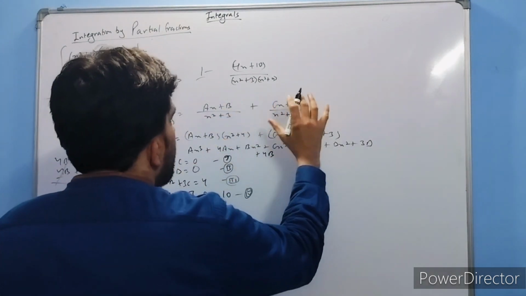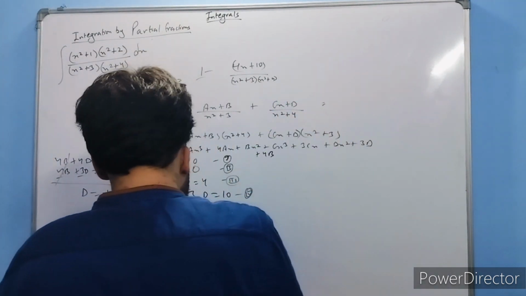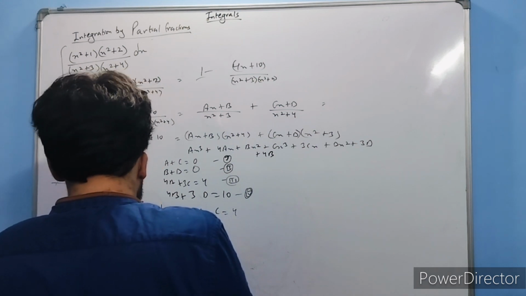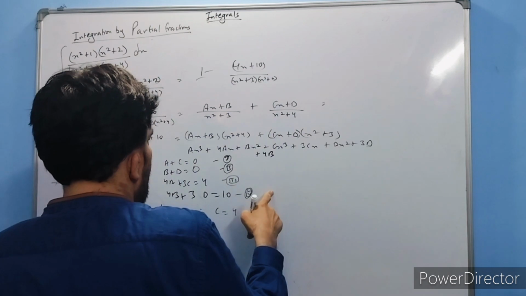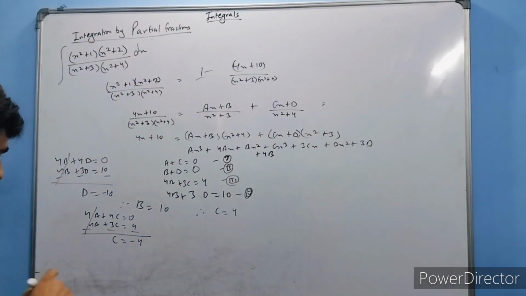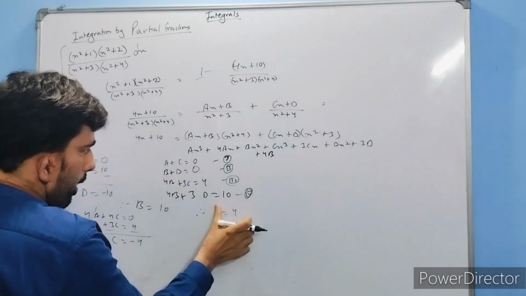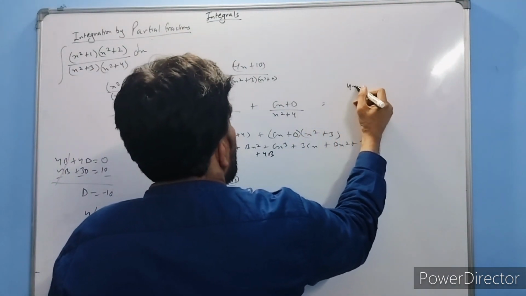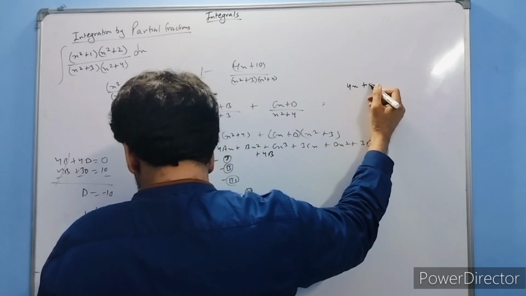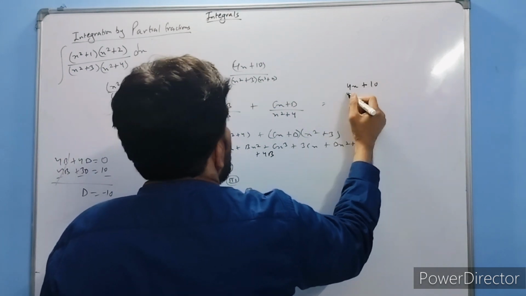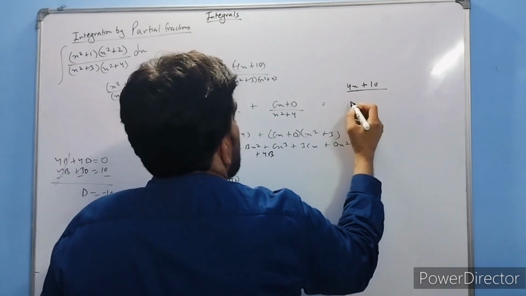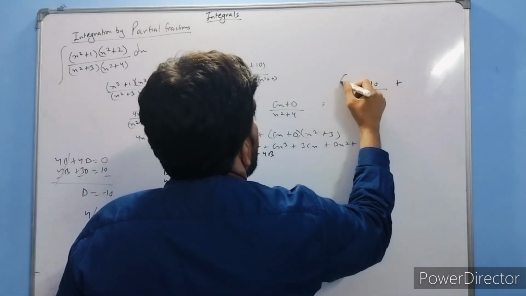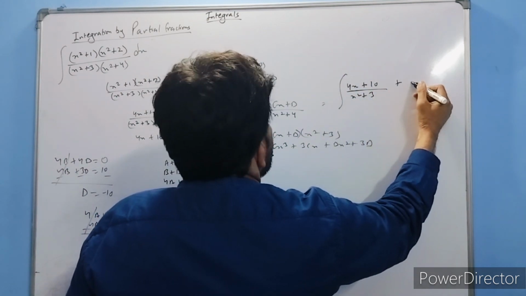Now we'll try to integrate this. What is a here? I've just found a. c is minus 4, so a will be 4. So now I can put values here. 4 into x plus, what is b here? 10, upon x square plus 3, plus cx plus d.